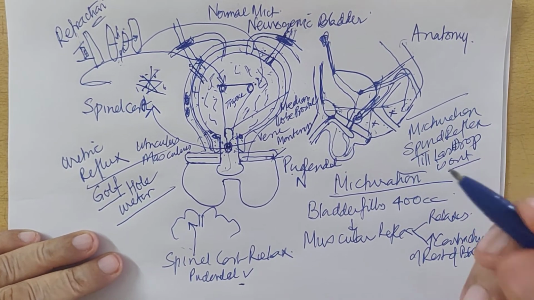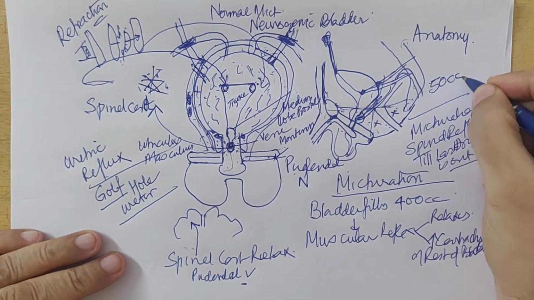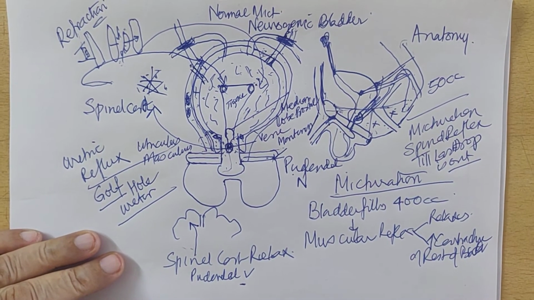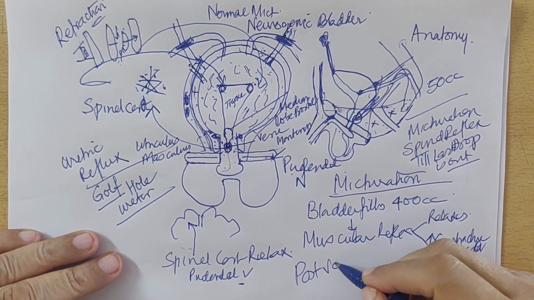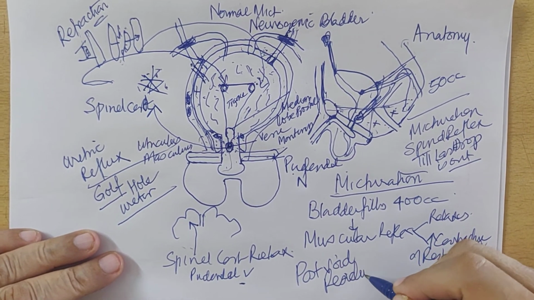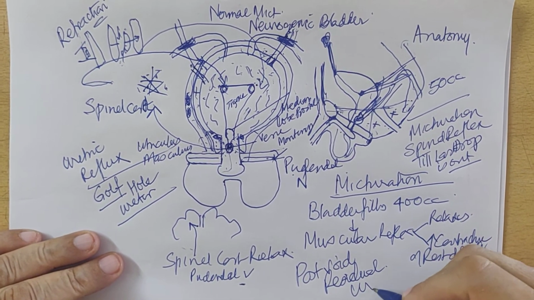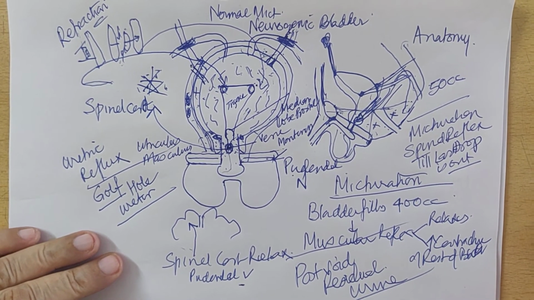After voiding, still about 50 cc of urine can remain in the bladder, and this is called post-void residual urine. All right.